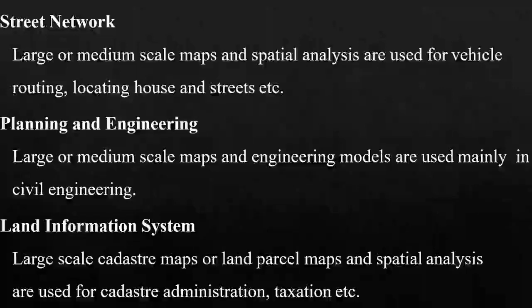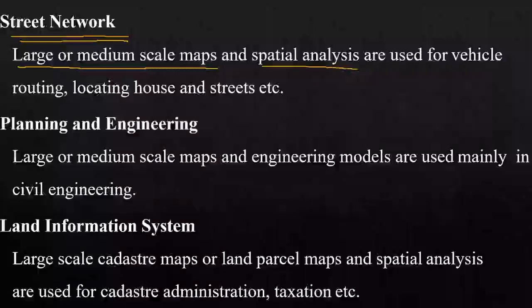So next, the third application is street network. Here we use large or medium scale maps, and we use spatial analysis for vehicle routing. So applications are for vehicle routing, locating house, street, etc.